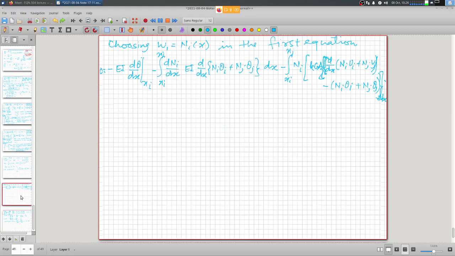Right, so what are the terms that we are looking at? So this is of course the bending moment at node i, so I can write this as minus Mi. Minus dNi by dx. So from xi to xj, we can actually do it as 1 over Le.